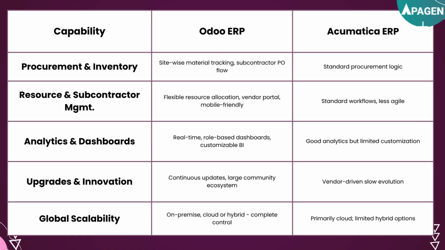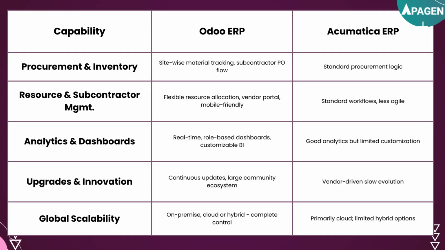Now coming to procurement and inventory, material and vendor handling defines site execution efficiency. Odoo has site-wise material tracking. It also gives you subcontractor purchase order flow, while Acumatica has standard procurement logic.